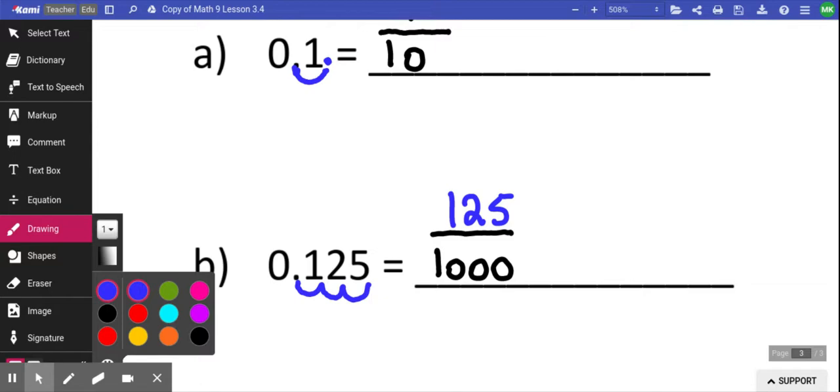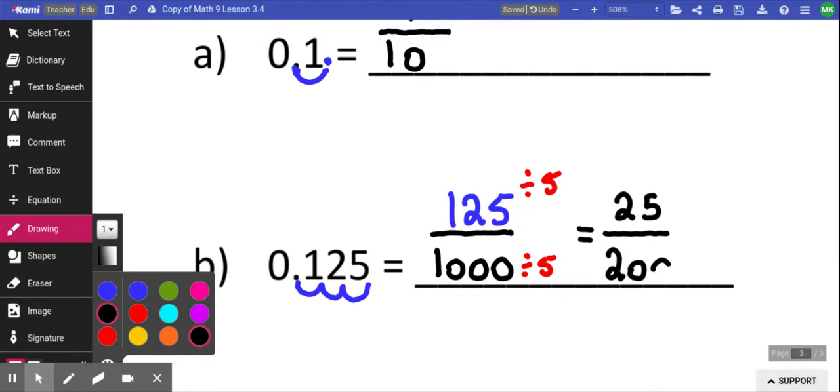So if I divide by 5 to the top and bottom, on the top, 125 divided by 5 is 25. On the bottom, 1,000 divided by 5 is, whoa, I almost said 100, is 200.